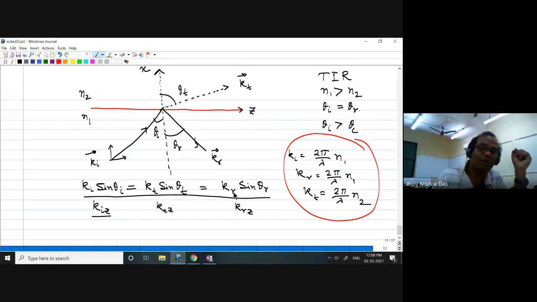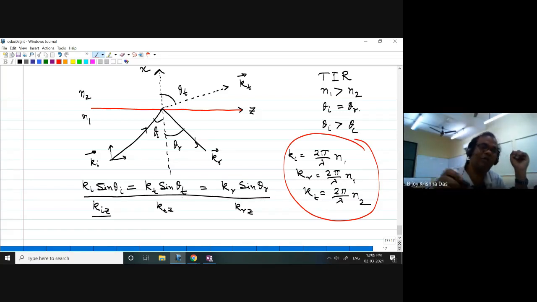That is another boundary condition. We know the tangential component of the electric field is continuous, and the normal component of the displacement vector is continuous if there is no charge. But using the curl equation and boundary conditions, we can also show that the tangential component of the wave vector remains constant at any interface.